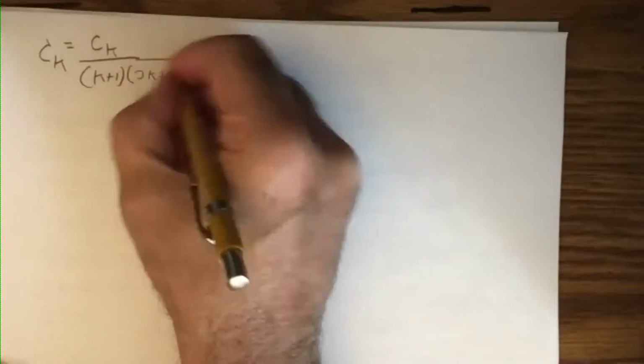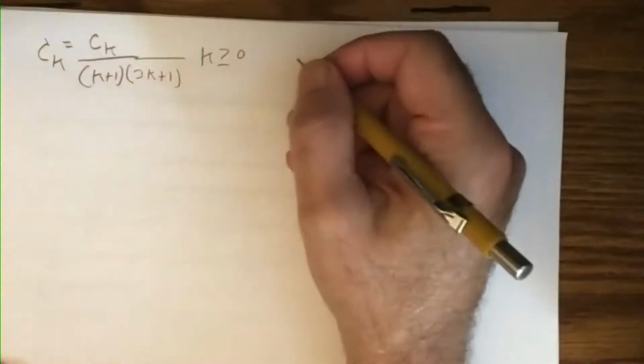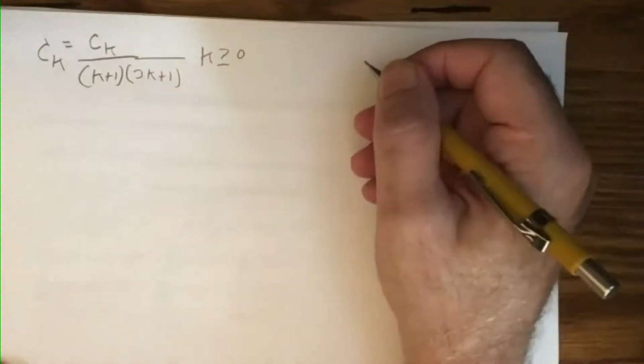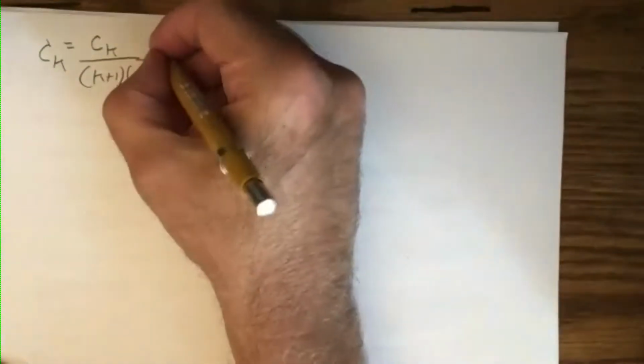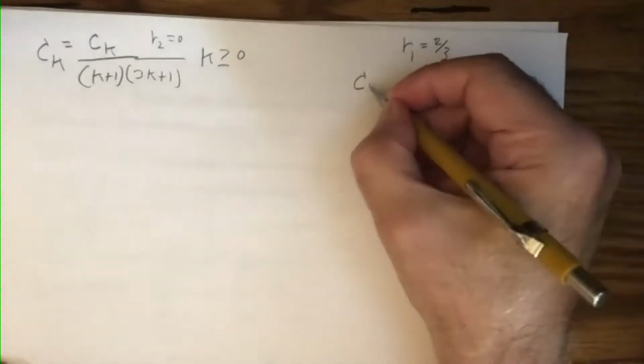This isn't hard, it's just long. It's a little tedious. Okay, so this was the case for r1 equal to 0, and then we got r2 equal to 2/3. And what we got for that was this. Well, this is a k plus 1 here.